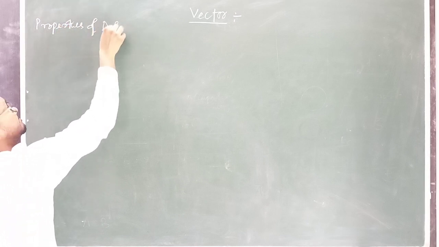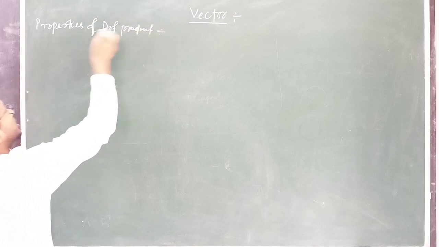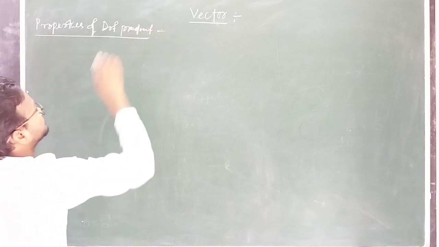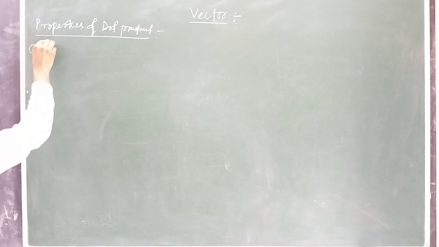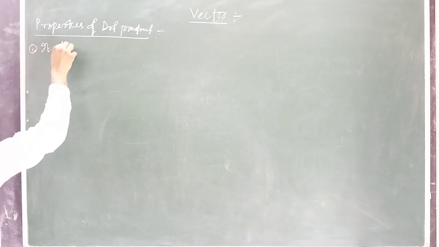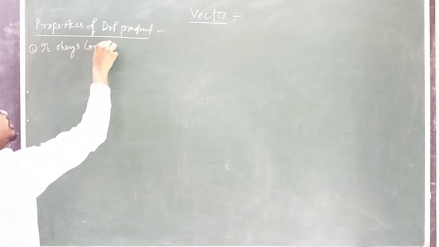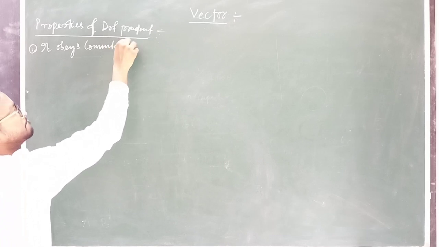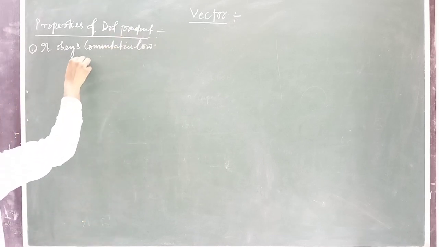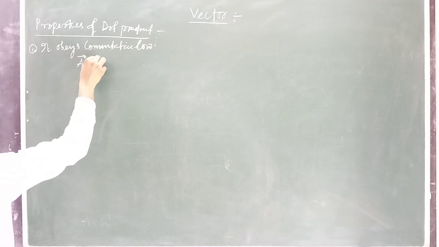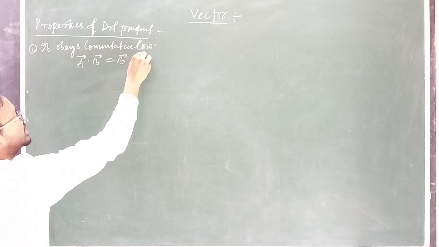Properties of dot product, clear? So the first property: it obeys the commutative law. So what is the commutative law? It means A dot B equals B dot A.